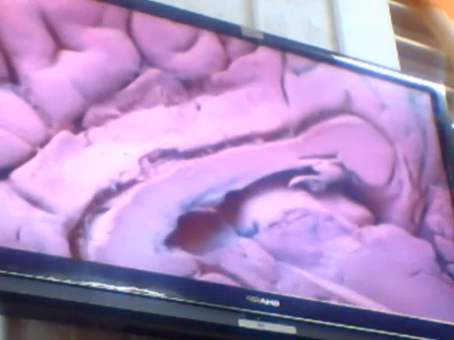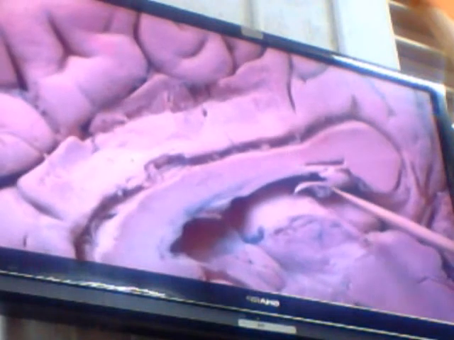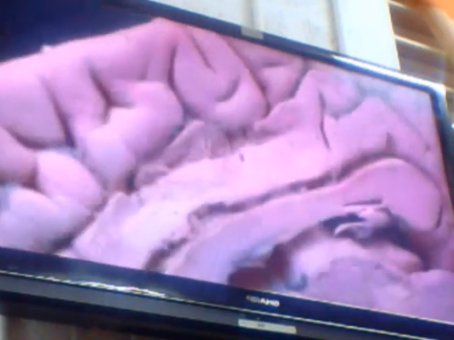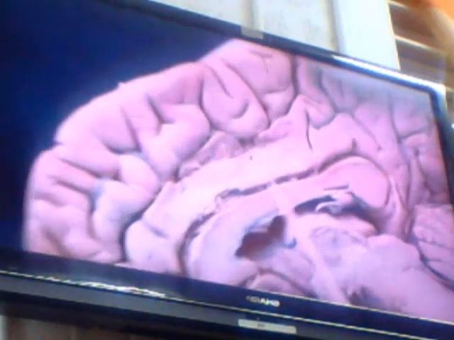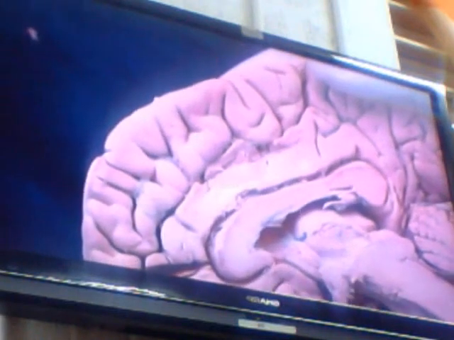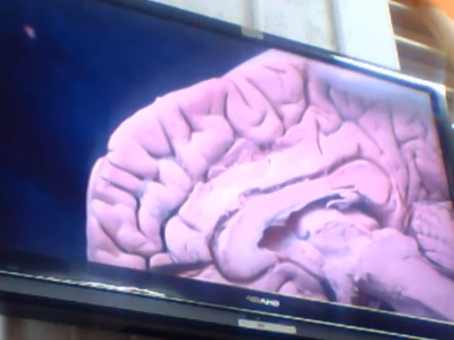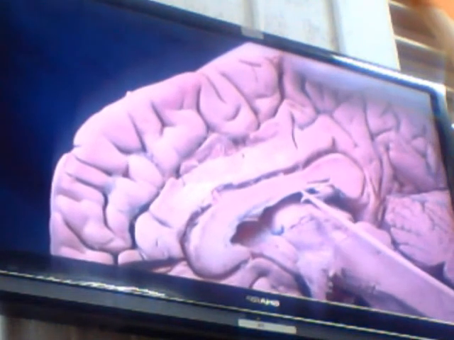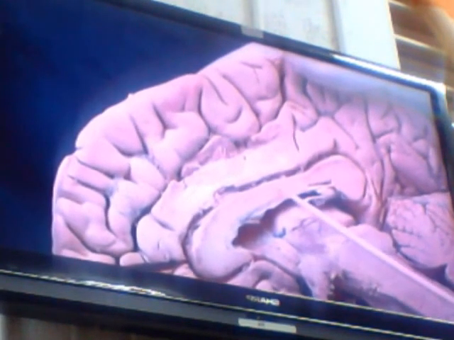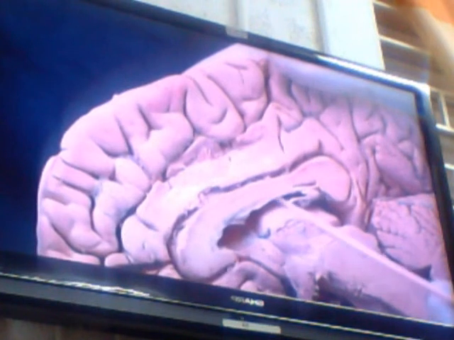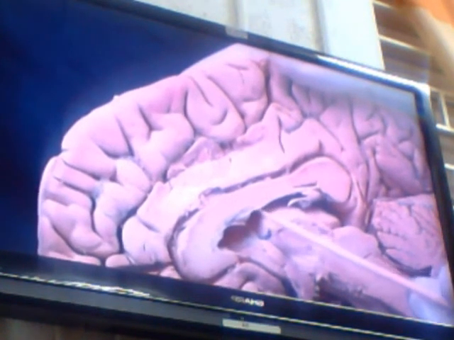Alright, so what will happen is that we'll be cutting through that, basically in terms of the development of this structure here. You have this commissure, and its side here is going to be what?